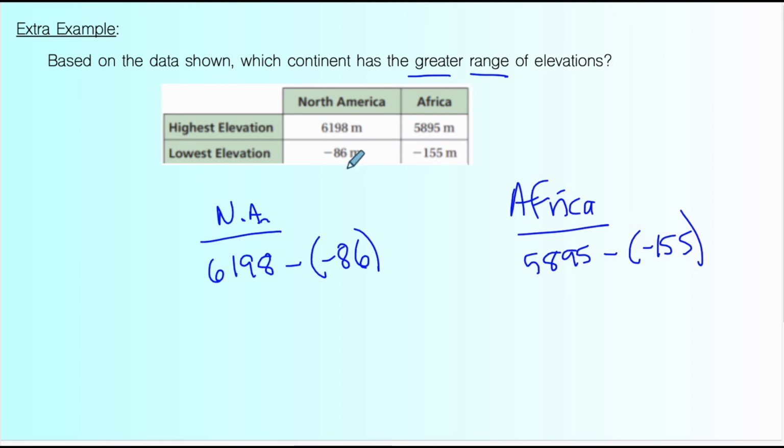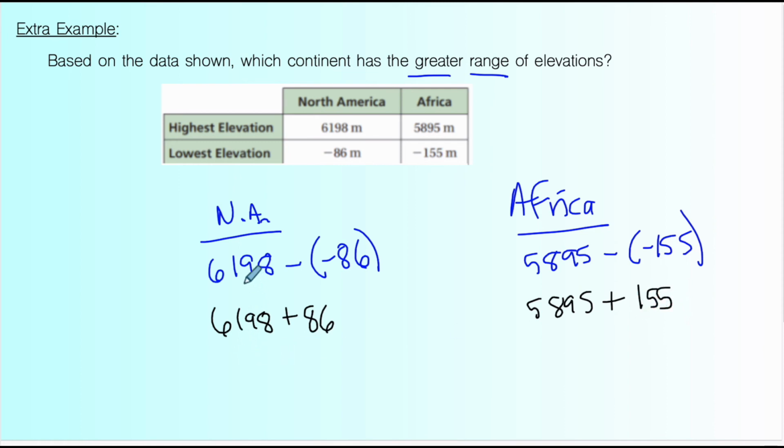All right, and now when I have subtraction, as I had just gone over, the trick is change it to an addition problem. Add the opposite. So 6,198 plus the opposite of negative 86 is positive 86. And over here, 5,895, add the opposite. So the opposite of negative 155 is positive 155.